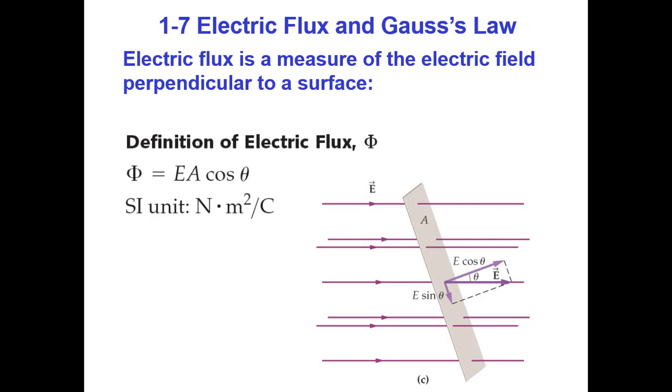Why do we take cos theta? Because theta is the angle between the electric field and the area. That's why we take E A cos theta.